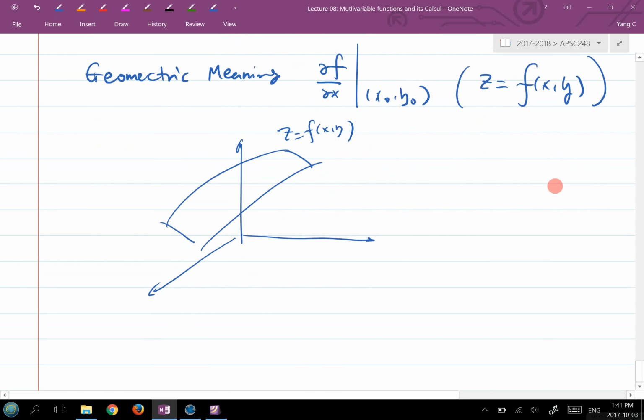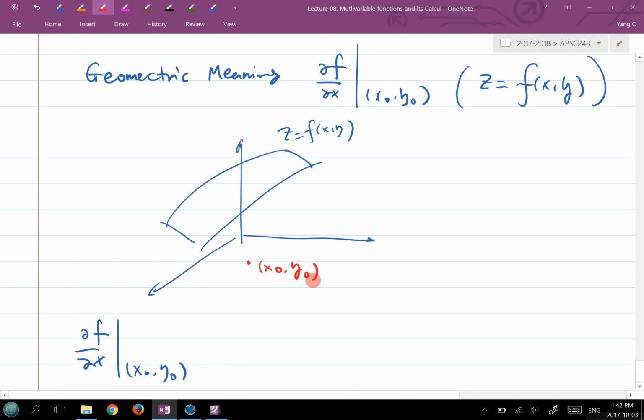All right. So now, if I use the definition first, what is the partial f over partial x at a certain point? Let's say I start from this location here. This is your x naught, y naught location.